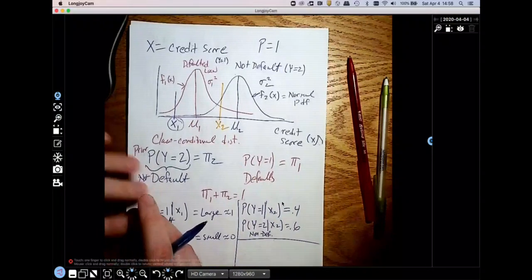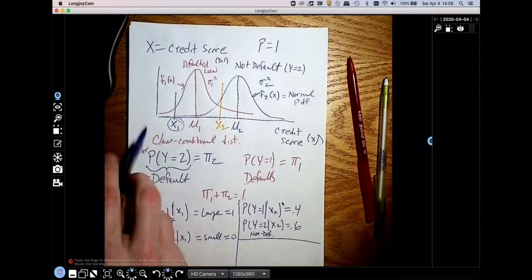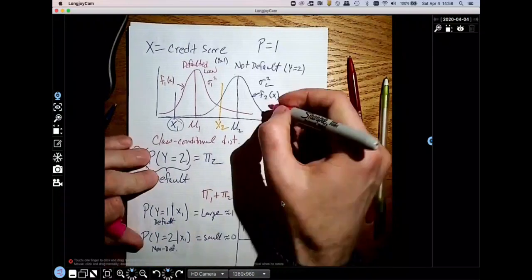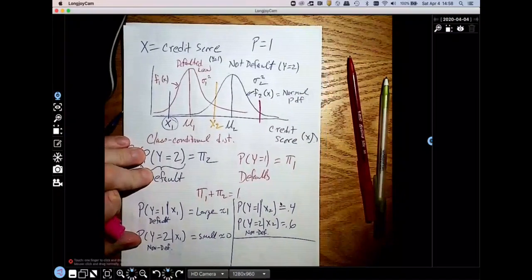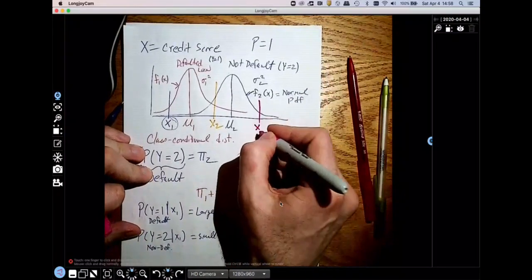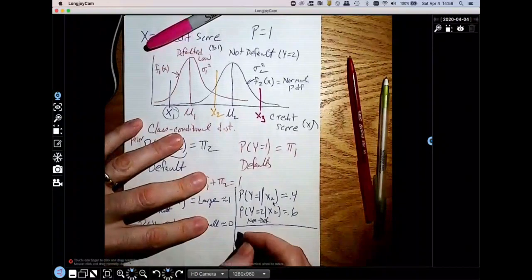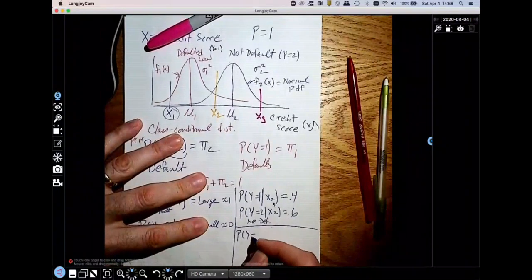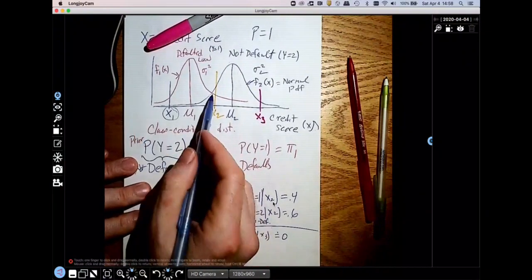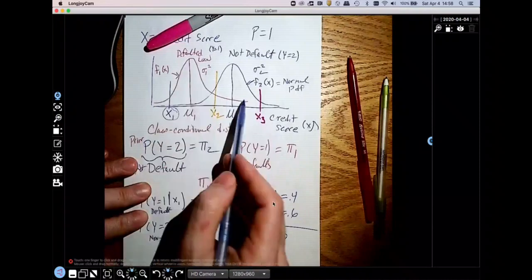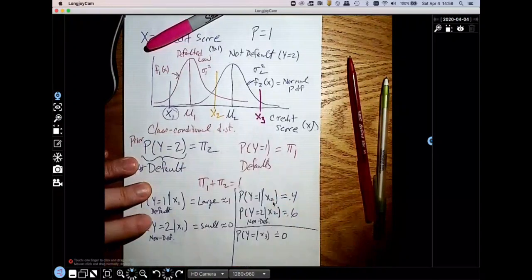All right, one more x, if you will. Let's take the pink one over here. This is pink, and this is x3. And so in the case of x3, the probability that I default given x3 is going to be close to 0. So how likely is it that I've come from this red distribution if my x is way out there?